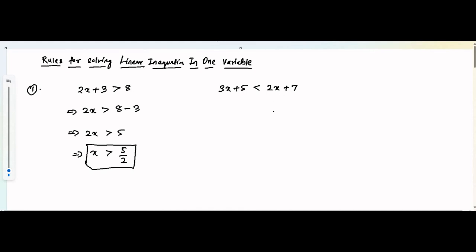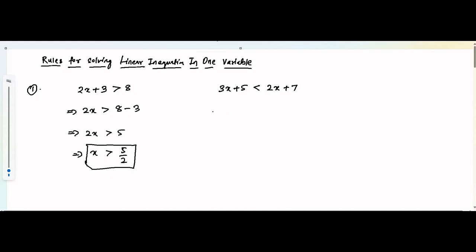So here what we'll do, we'll take this plus 5 which is on the LHS, left hand side, and take it to the RHS, right hand side of the inequation. It will become minus 5, and this 2x on the right hand side we'll take to the left hand side, so it will become minus 2x.